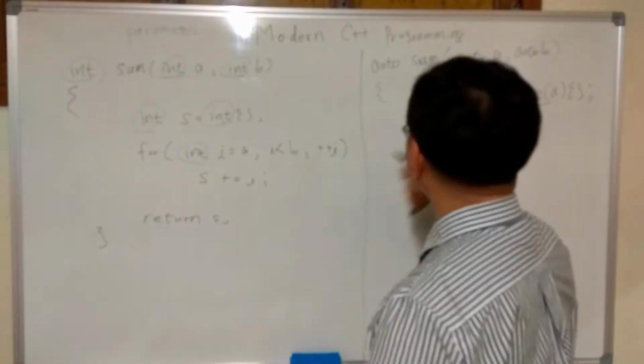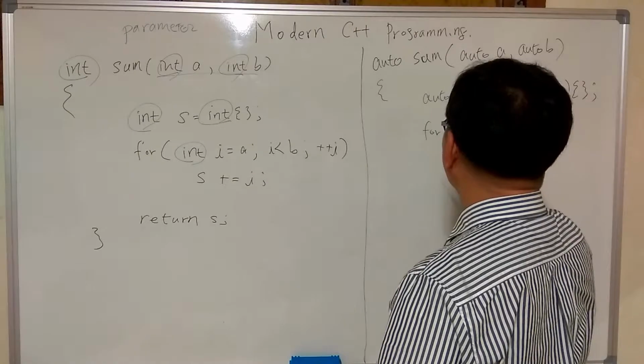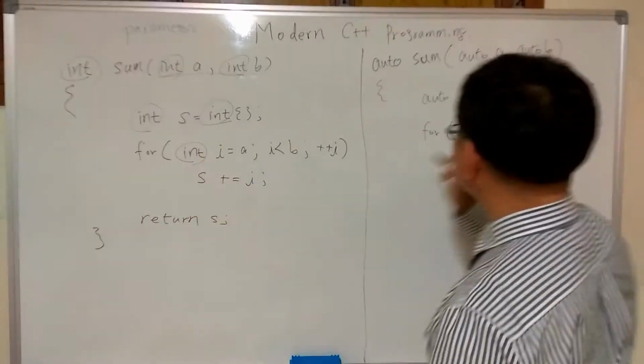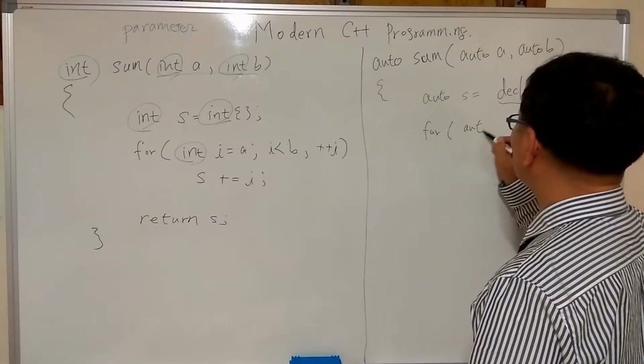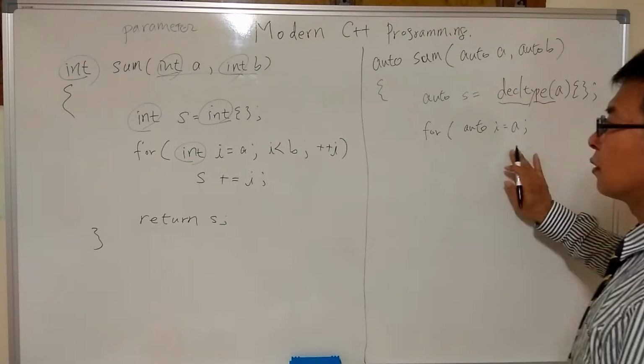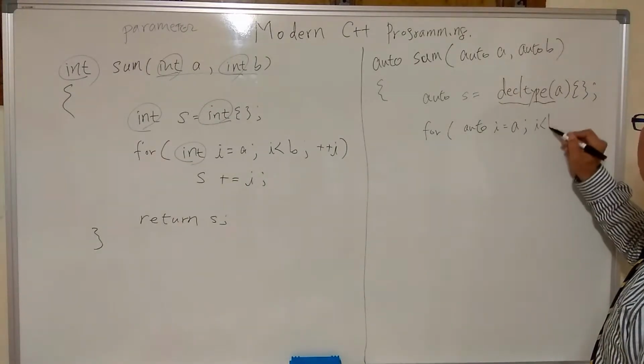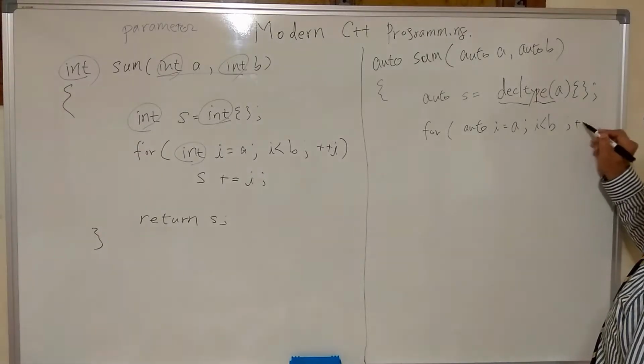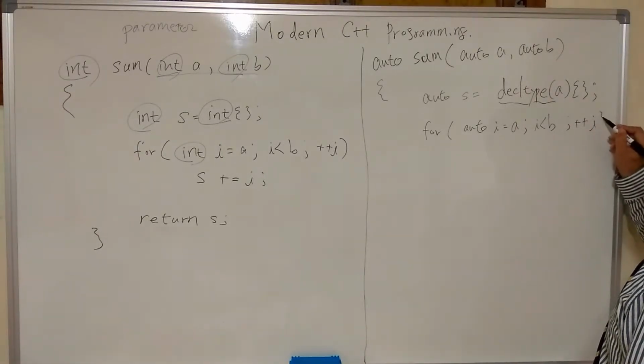And next, in the for, instead of int we say auto. Auto i equals A; i less than B; plus plus i.